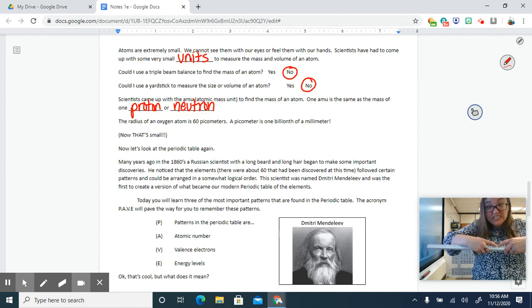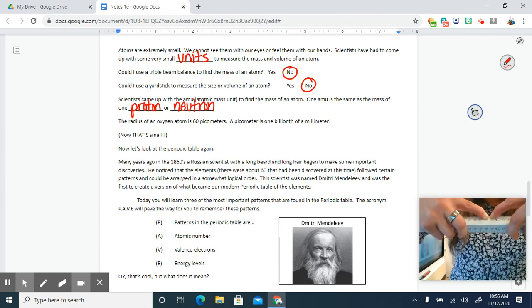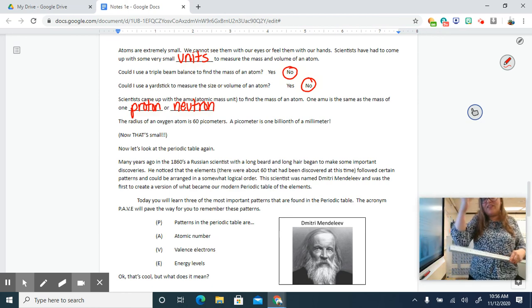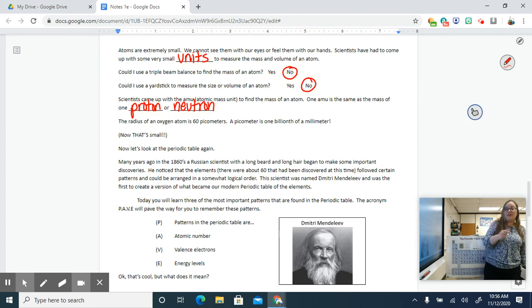A billion. This teeny little space, this little millimeter. Think about what that would be like, to divide that up into a billion pieces. If you divide that up into a billion even pieces, 60 of those pieces is the width of an oxygen atom.